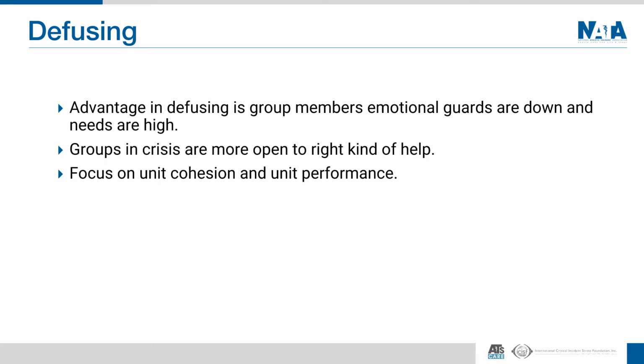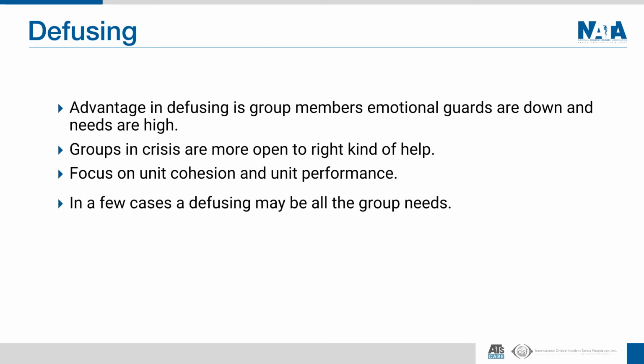So we focus on cohesion, unit performance, leaning on each other. Now, sometimes that's all they need. It's basically like getting people together, processing, and the group may be able to recover and move on to their adaptation just fine. In other cases where maybe it's a prolonged time till you can get the group together or the event had more significant impact, then a debriefing should be considered.